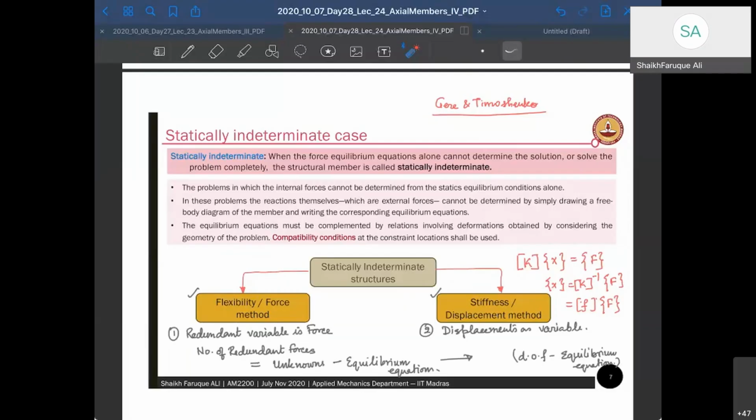Now the other one is the stiffness method, where displacements become the primary variables which we assume are given, and then we solve the whole problem with the displacement being given, and finally we put in the constraint equation to solve the whole equation of equilibrium. Okay, let's see how it is.